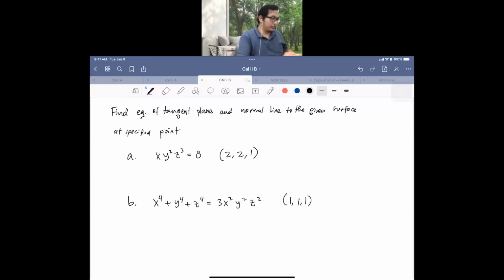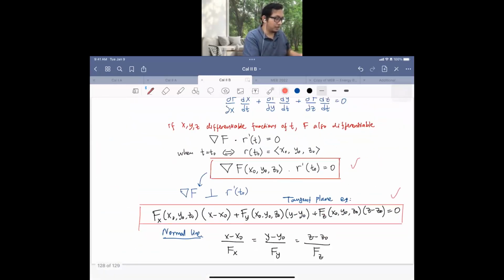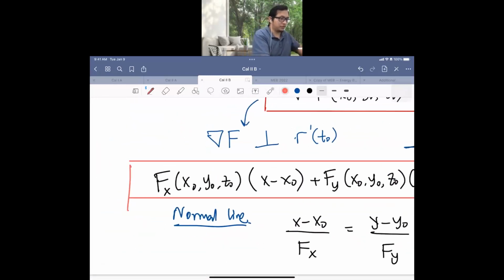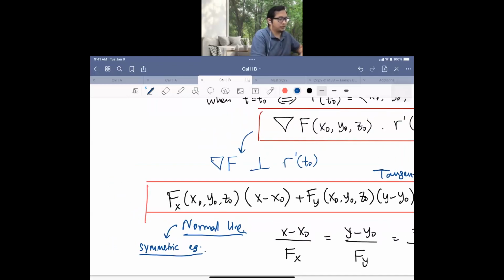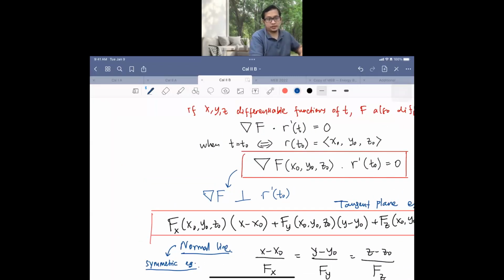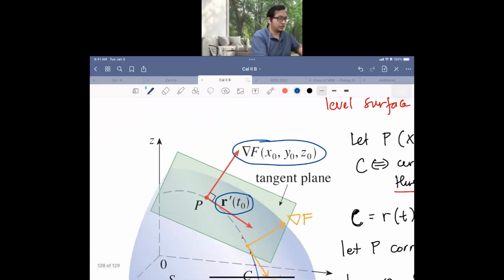Before that, to be clear, the tangent plane is on a point on the surface, but the normal line is different from the normal vector. The normal vector is the gradient of f.